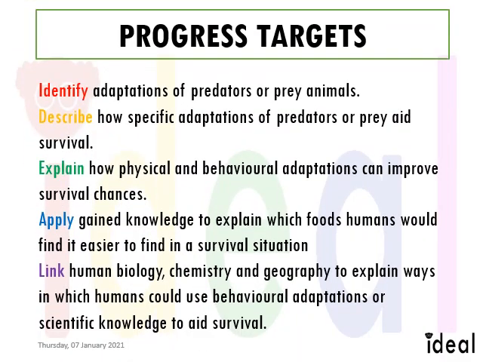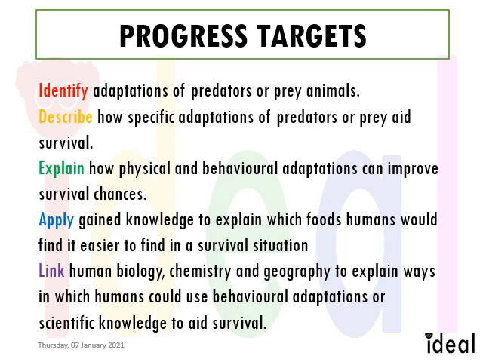Our progress targets are, you're used to this, we have the ideal format in terms of how we're going to set your targets. So today we're looking at identifying adaptations of predators or prey animals. We're going to describe how specific adaptations of predators or prey aid survival. We're going to explain how physical and behavioral adaptations can improve survival chances.